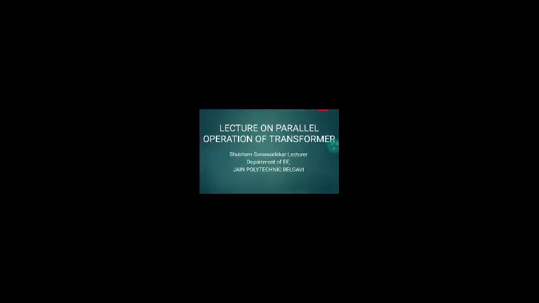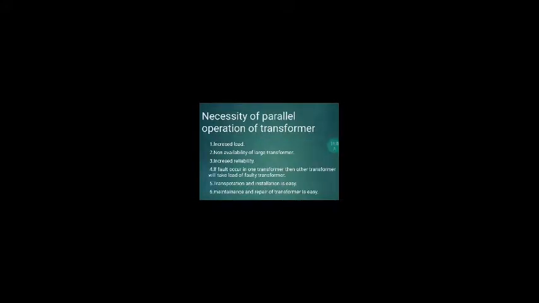Next part, now we will study the last topic of unit 1, that is parallel operation of transformers. So what is meant by parallel operation? It means connecting two or more transformers in parallel with each other. That is called parallel operation of transformers. So what is the necessity of parallel operation of transformers?